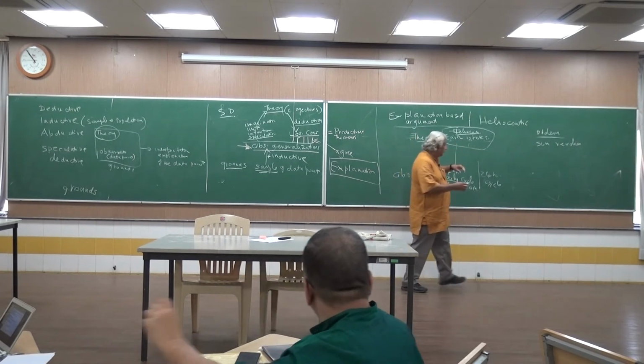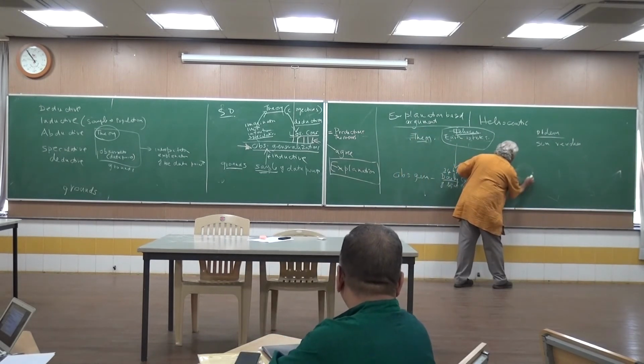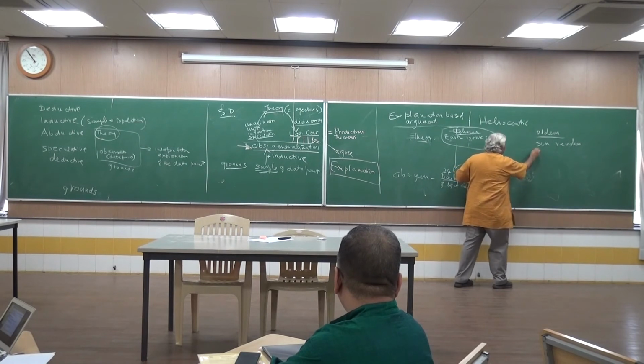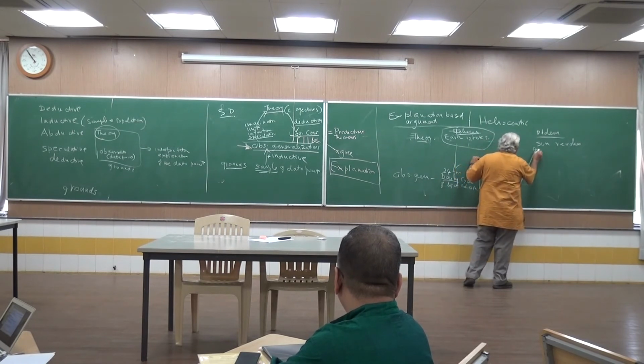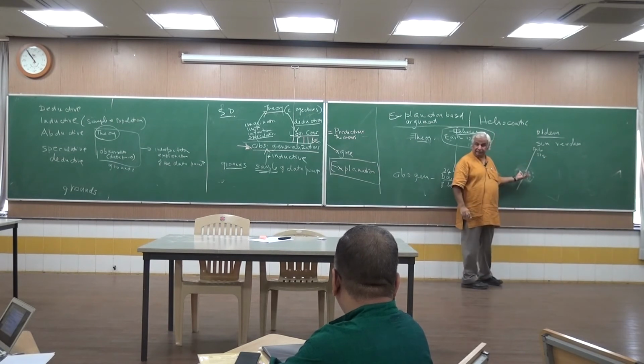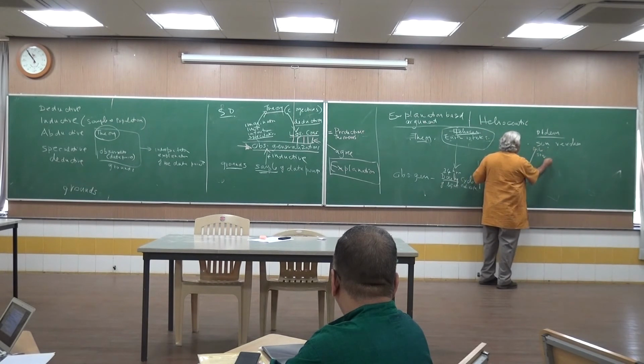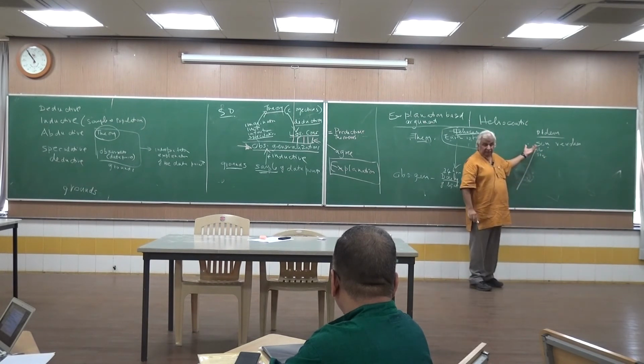The Earth rotates. So here is the Earth, and the Earth rotates on an axis. Here is the pole star, and the Earth rotates. When you're looking at the sky, the stars around the pole star will appear to be moving.